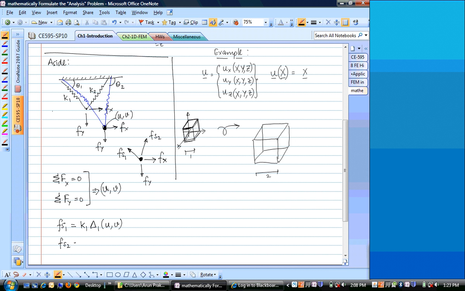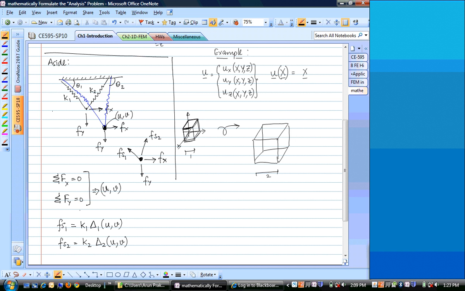Similarly, Fs2 is K2 times delta 2, which is also a function of u and v. So the only unknowns here are the displacement in the x direction, that is u, and displacement in the y direction, that is v. And all we need is two equations of equilibrium that say sum of forces in the x direction is 0, sum of forces in the y direction is 0. You have both of those as your equilibrium equations.